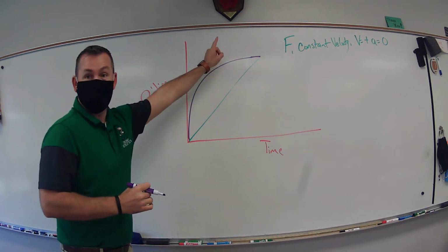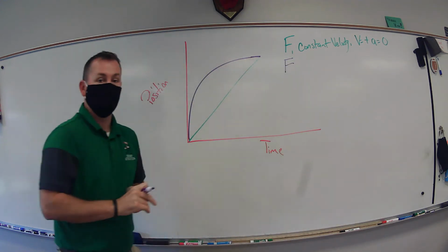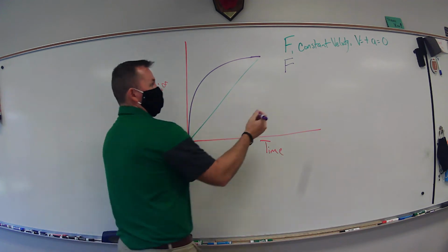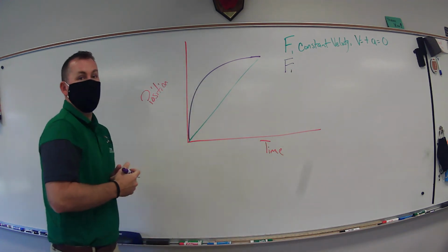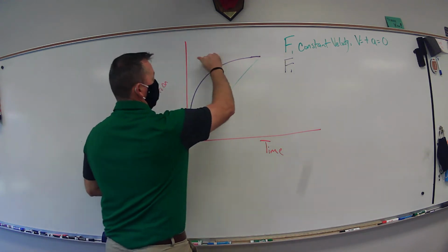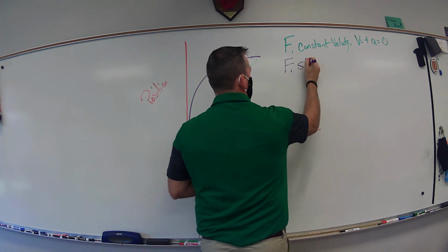Yes, because we still went up. We still have a positive slope. So we're going forwards. I'm just going to use an F to show you the forwards. Now, here's a question for you. It's going forwards. Is it speeding up or is it slowing down? Slowing down. Anytime it bends to the horizontal, it's going to be slowing down. So this one's bending horizontally, so it's slowing down.